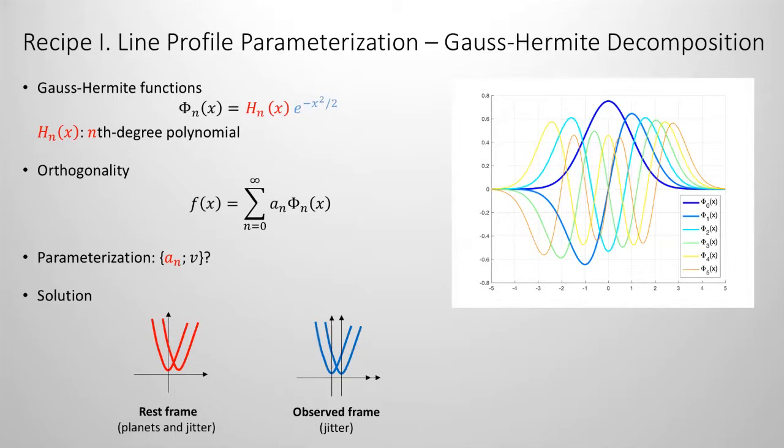The other method is to parameterize the line profile in the observed frame, which means the coordinates follow the line profile, so any changes in this a_n will represent the intrinsic line deformation. Keep in mind that the rest frame means the planets and the jitter, while the observed frame means changes from the star. So the difference between them would mean the changes from the planets.